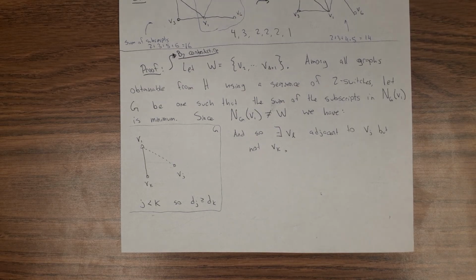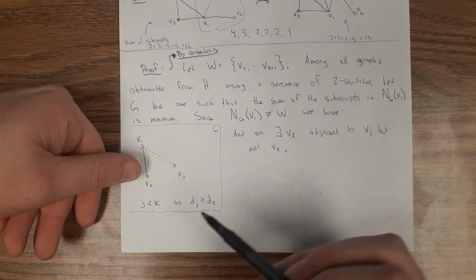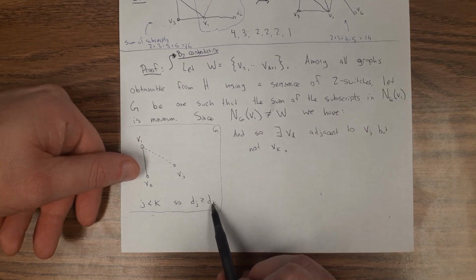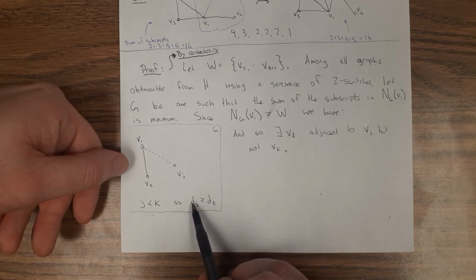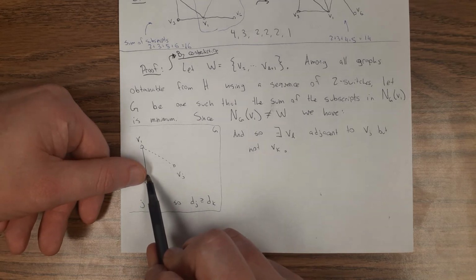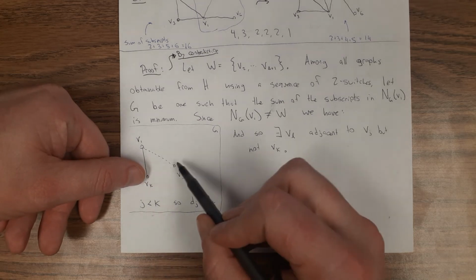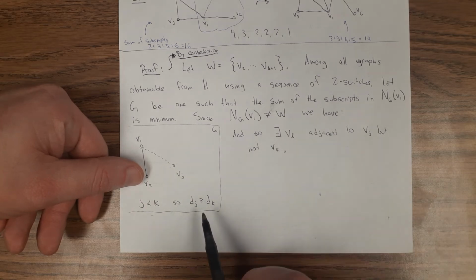So let me talk about why that is. Well, the degree of VK is less than or equal to the degree of VJ. So VK has some neighbors, and VJ has some neighbors.